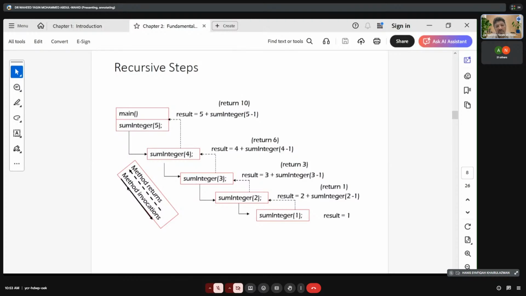The method returns through the method invocations, which are the sum integer calls: sum integer 4, sum integer 3, sum integer 2, sum integer 1. We start with 1, then we have 2 plus the result of the previous call.